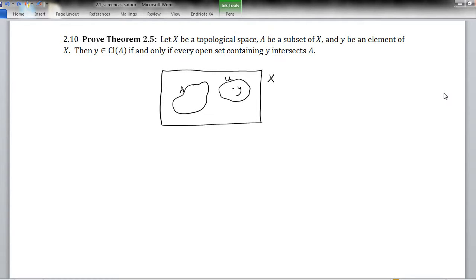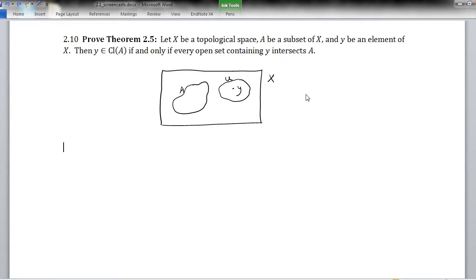Alright, well, this is not particularly interesting in the case where Y is in A itself, because A is a subset of its closure, so then Y is certainly in the closure. And an open set containing Y intersects A at the element Y, if Y is in A itself.